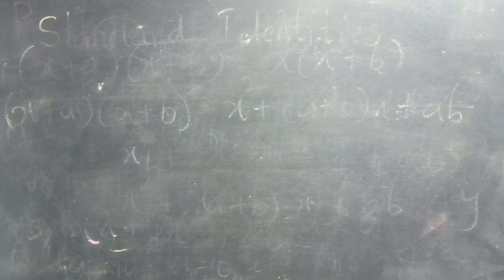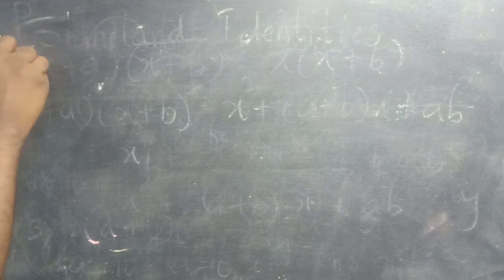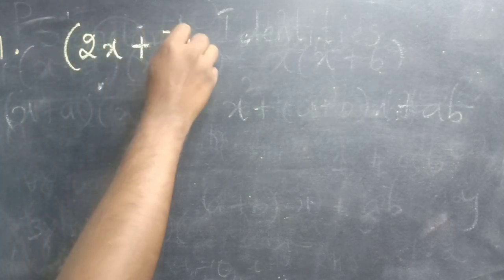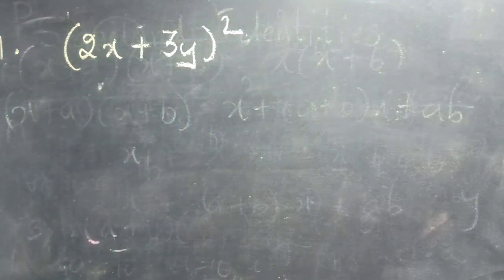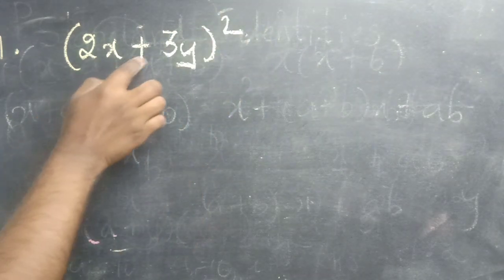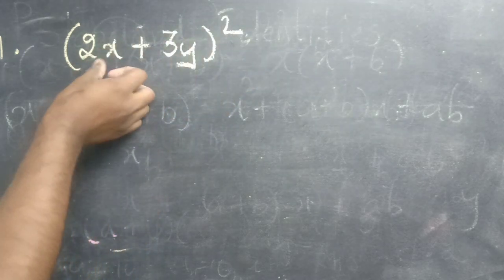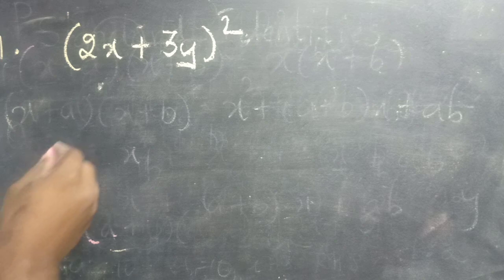Now we will try to apply these identities on a few problems. Consider the first problem, 2x plus 3y whole square. If you observe, it is of the form of the first identity, a plus b whole square.